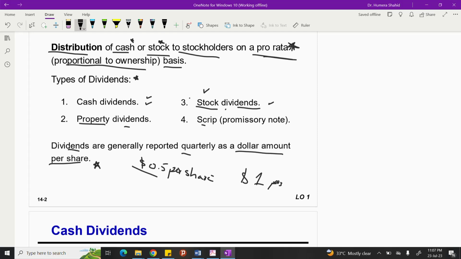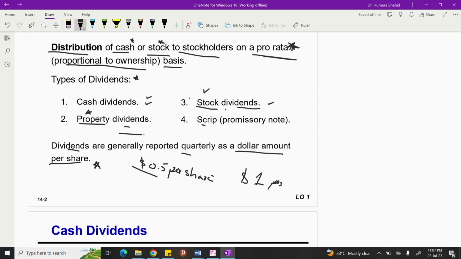In the property dividend, the company distributes the property of the company to the stockholders. Now, which property? Property is not building or land. It's actually investments which the company has in other companies' stocks or bonds. They could be distributed as dividend among the stockholders of the company.